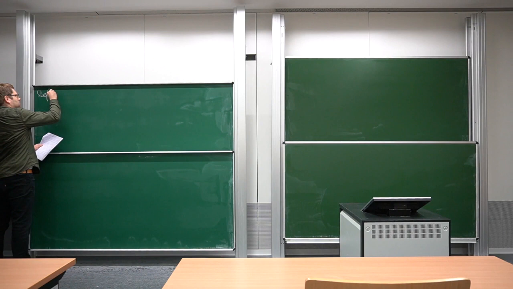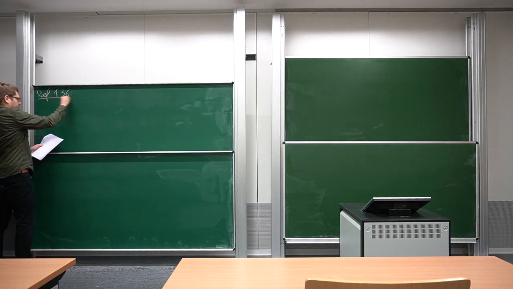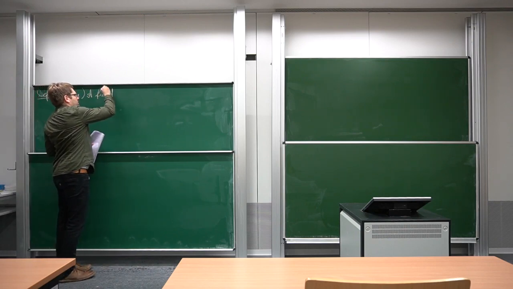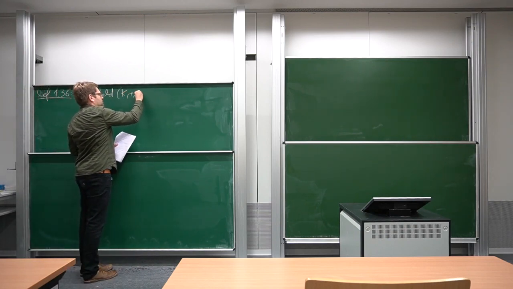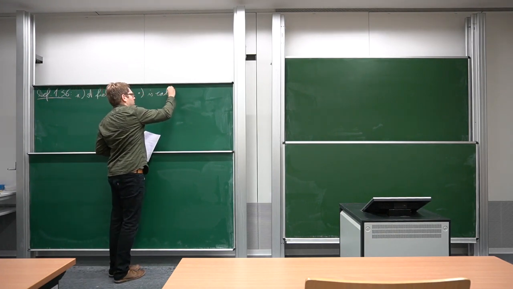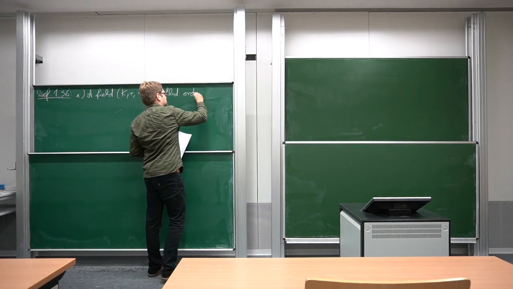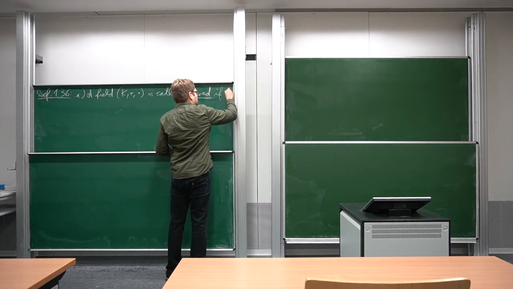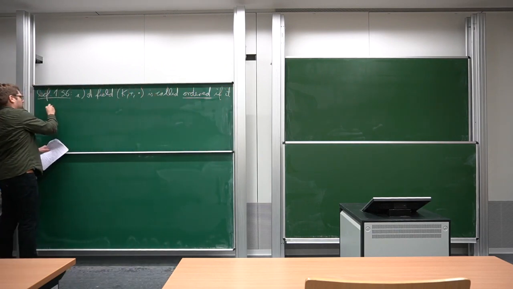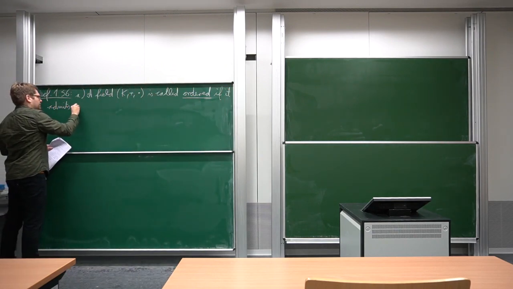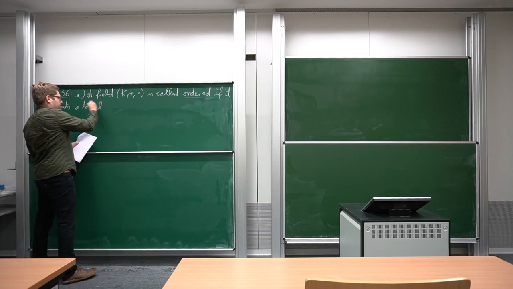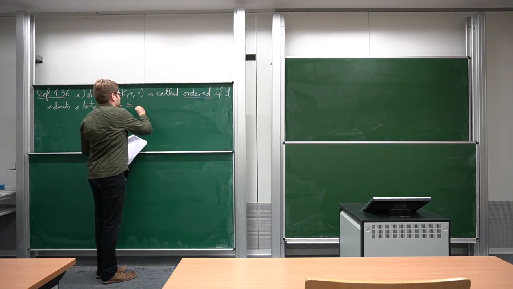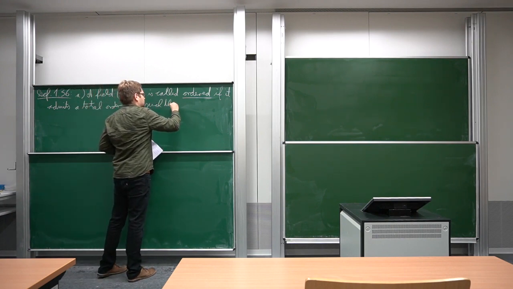Definition 136, a field K plus dot is called ordered if it admits a total order, which we again call smaller than or equal to, such that the following properties hold.